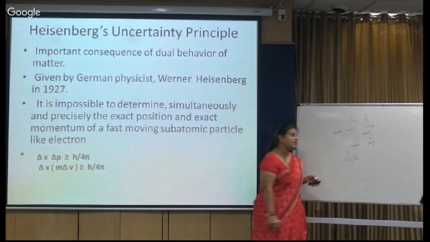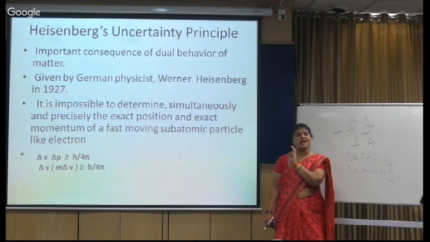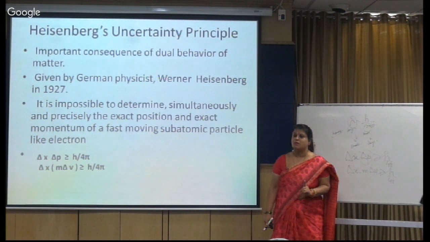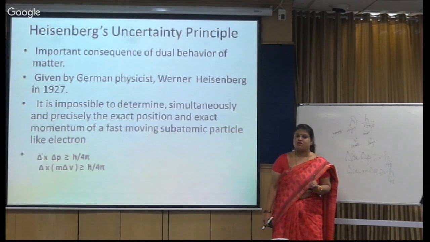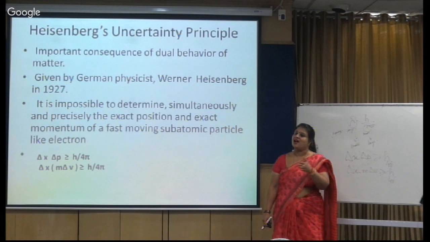So that energy will not be sufficient to change the position of that macroscopic object. It will remain wherever it was initially, and hence both the position and the momentum of a macroscopic object can be determined simultaneously and accurately.